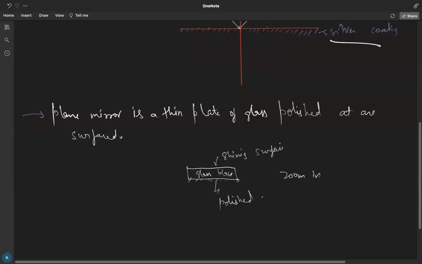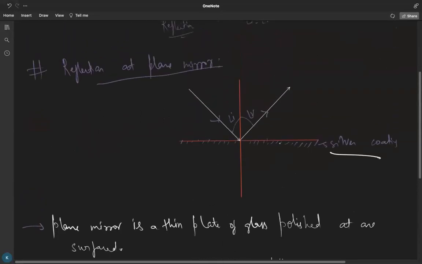Now the thing we have to conclude from the plane mirror is that in the previous class we dealt with normal incidence and grazing incidence, right? Here we are dealing with the same thing with the plane mirror and defining those terms as well.